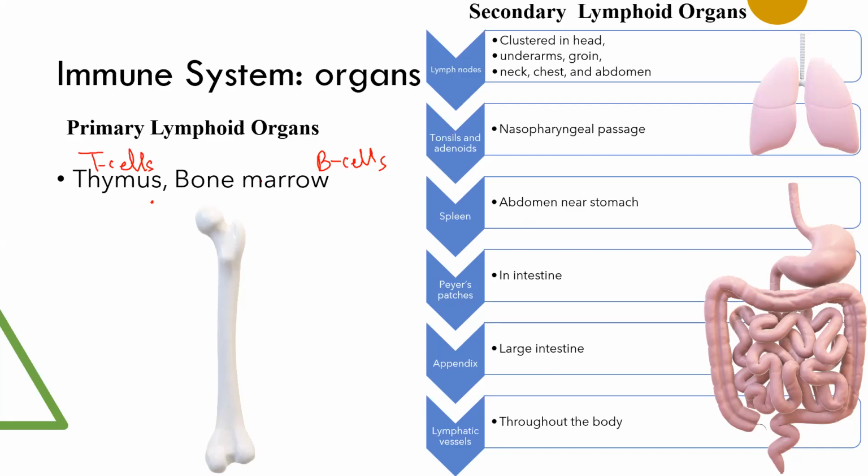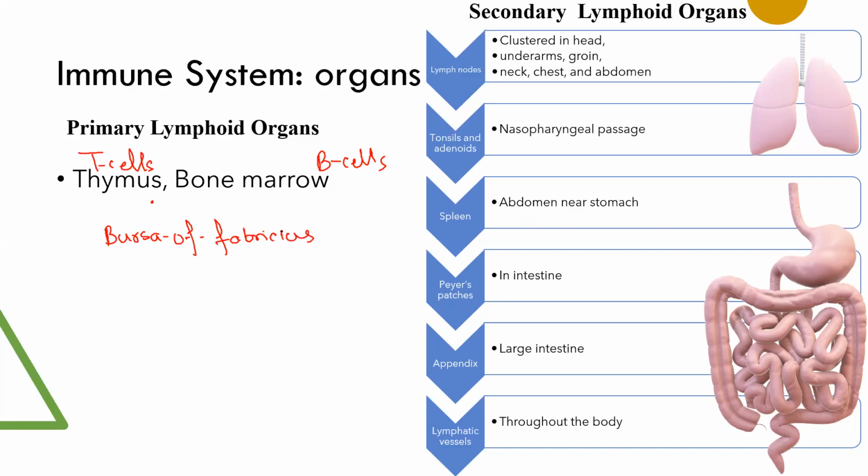Okay. So B cells are maturing in the bone marrow and T cells are maturing in the thymus. Now, we may imagine that the B cell name has been taken from the bone marrow, but actually the name has been taken from another structure which is found in birds. It was first observed in chickens. It's called bursa of Fabricius.